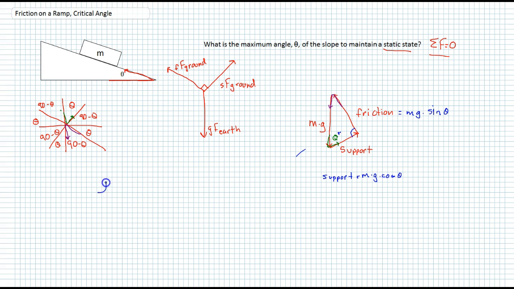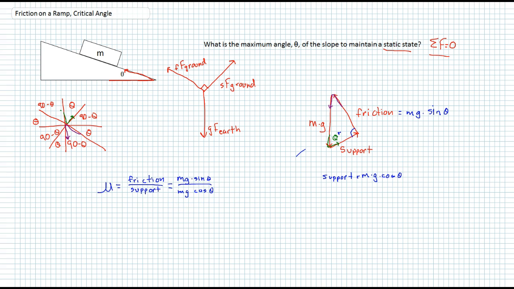And so, by definition, the coefficient of friction is the relationship of the amount of friction you have for every unit of support. And in the way we've defined support and friction, it works out like this. m times g times the sine of theta divided by m times g times the cosine of theta.